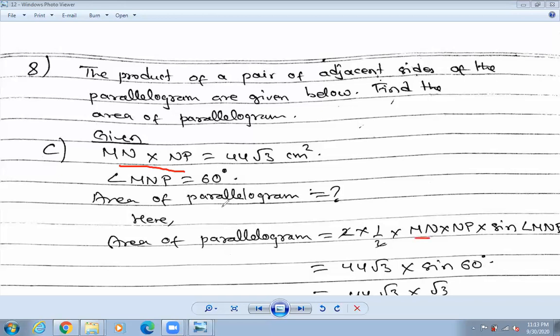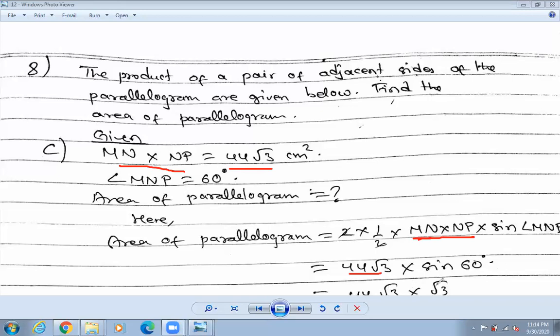MN into NP, both combined, is 44√3. So let us write down this value as 44√3. Both combined value is 44√3 into sine. What is the value of that angle? The value of that angle is 60 degree, sine 60 degree.